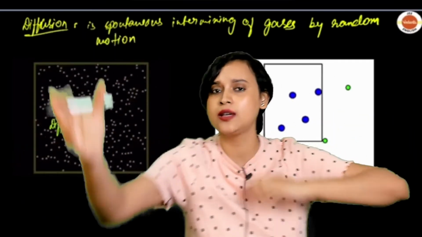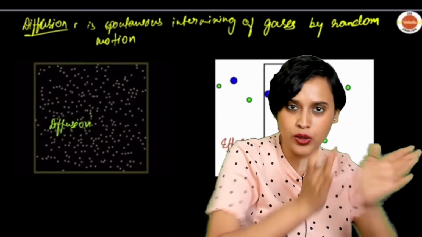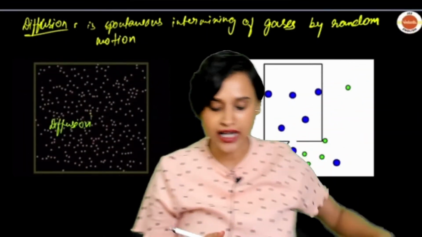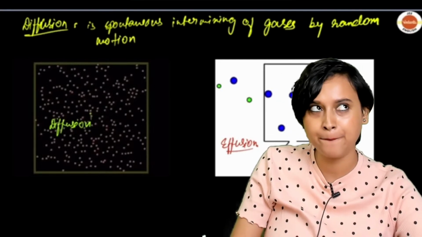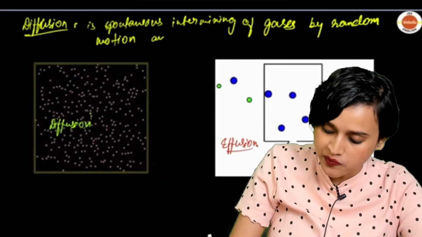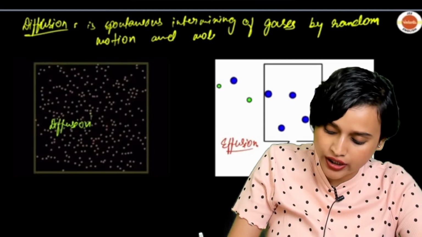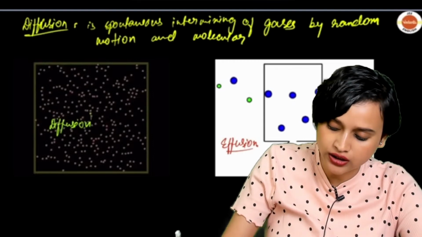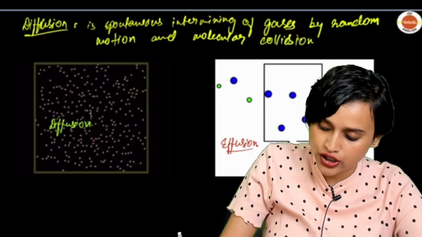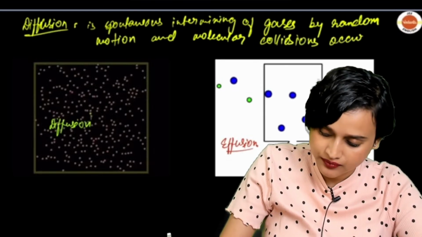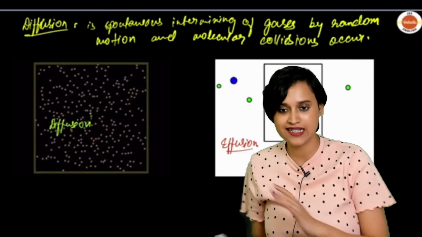So they keep colliding, they keep moving forward, they keep going on, right? Random motions. And let's just write that molecular collisions occur. Everybody clear? Yes.